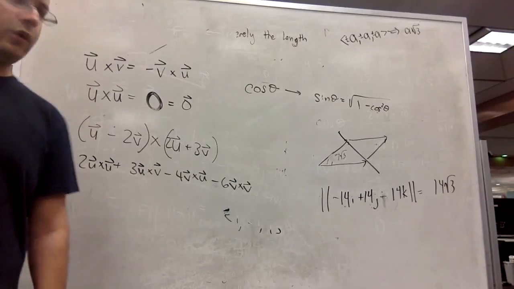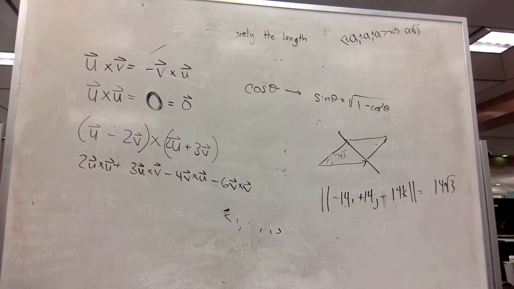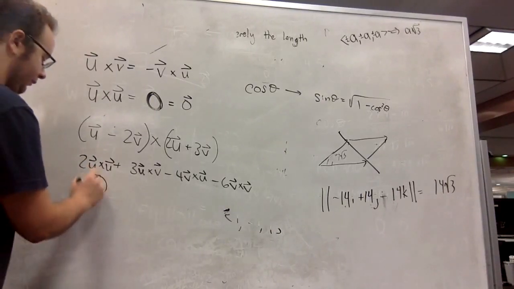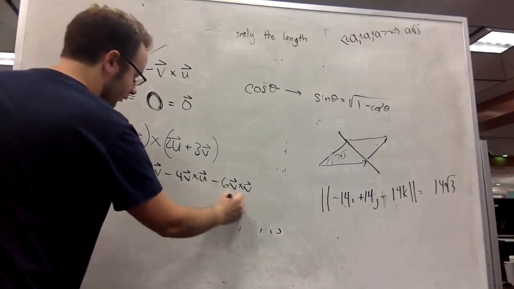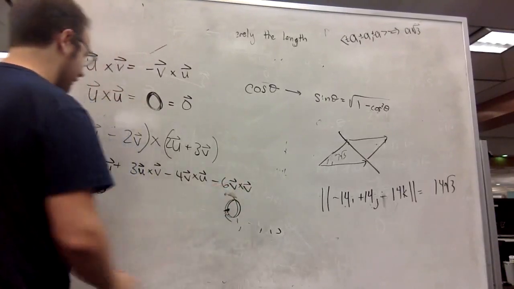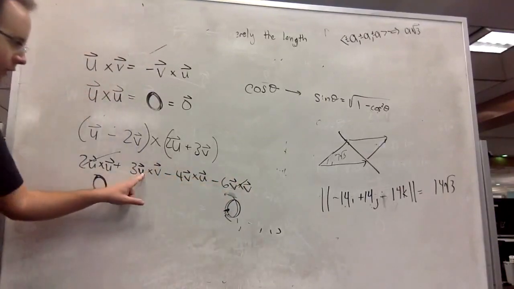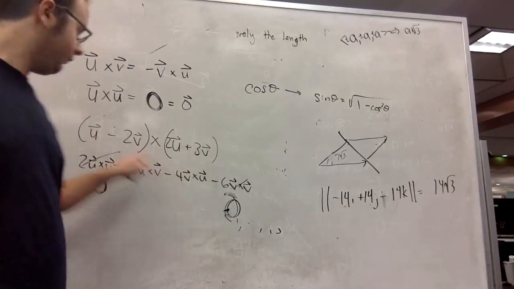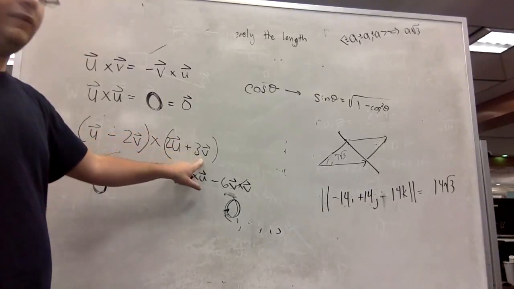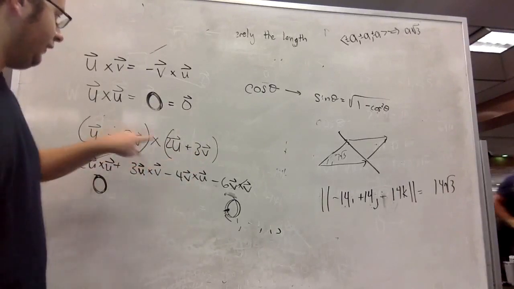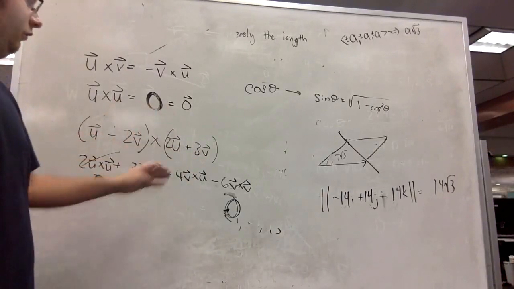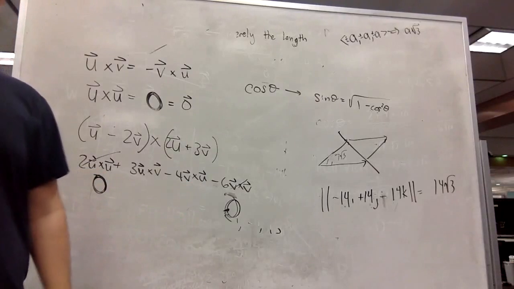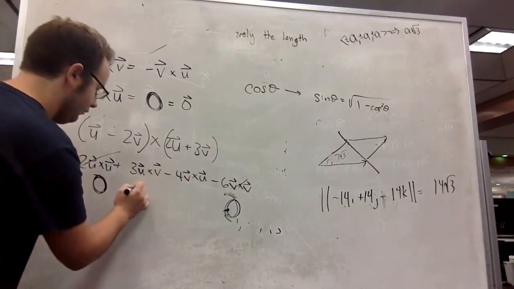So, remember, what is u cross u? 0, the zero vector. V cross v is also a zero vector. So those go away, and we have 3u cross v minus 4v cross u. The order actually matters now, so I'm going to switch this around.